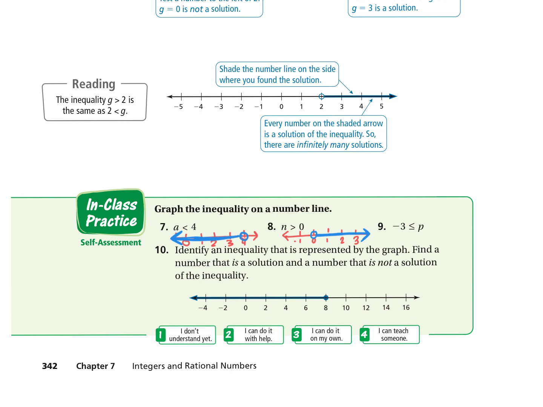And then the last one, -3 is less than or equal to p. So I'm going to draw my number line. I'm going to show -3 here in the middle, -4, -5, -2 on this side, and -1. Okay, so -3, I'm going to have my circle here. I need to notice that this time it's less than or equal to.